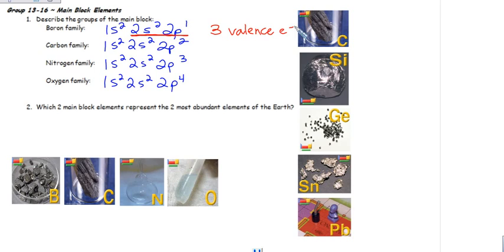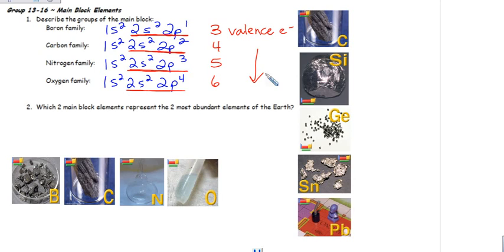The carbon family, all the electrons in the highest energy level: 2 in the S, 2 in the P, 4. Nitrogen, 2 in the S, 3 in the P, 5 valence electrons. The oxygen family has 6. Those are all valence electrons. As you go across, each group just adds one more electron to that highest p orbital, so our valence electrons just increase by 1.